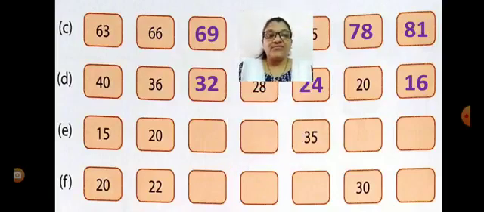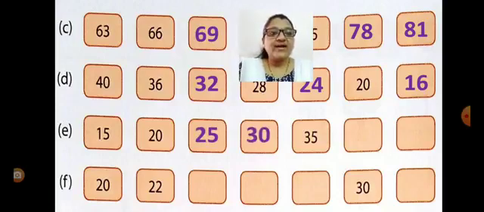E. 15, 20. Here the pattern rule is add 5. So what will be the next numbers? 25, 30, 35, 40 and 45. Yes. Now next example. 20 and 22 are the first two numbers.